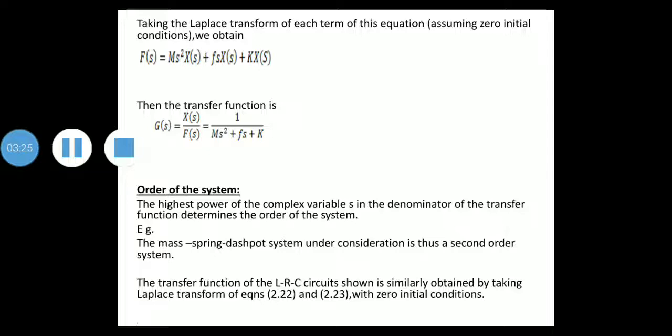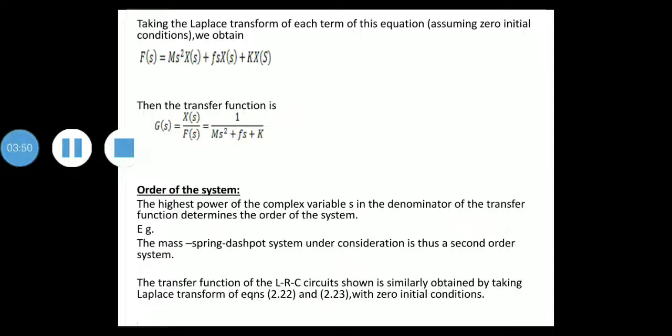Assuming 0 initial condition, we obtain F(s) is equal to ms square X(s) plus fs X(s) plus k X(s). Then the transfer function is G(s), which we can write as X(s) by F(s), which is 1 by ms square plus fs plus k.